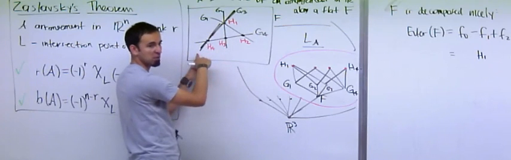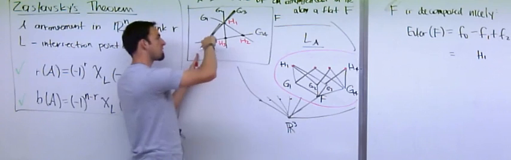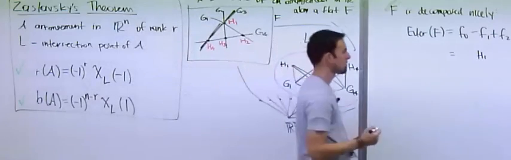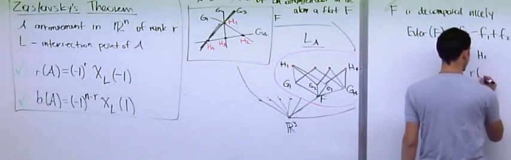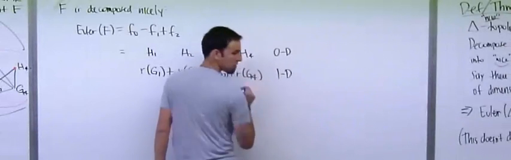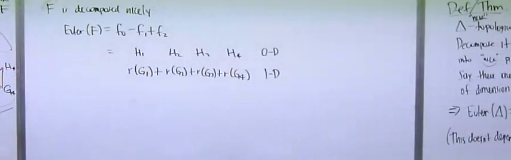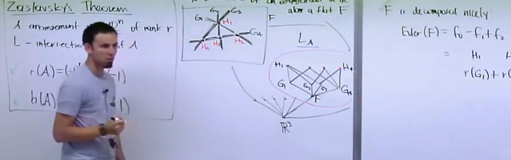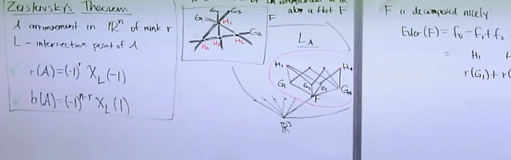I have a hyperplane arrangement in G3, and these guys are just the regions inside G3. So I want to say that this is just the number of regions inside G1, number of regions inside G2, regions inside G3, regions inside G4. So the regions inside G1 are this one, and this one. Inside G2, this one, and this one, and this one. Inside G3, this one, and this one. Inside G4, this one, and this one. So I count each one of the pieces, and I don't overcount.